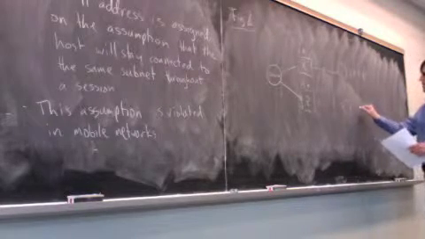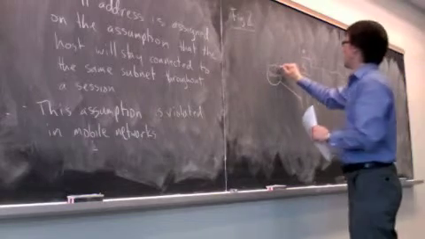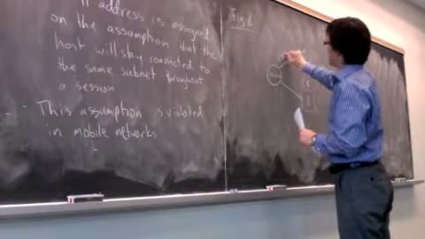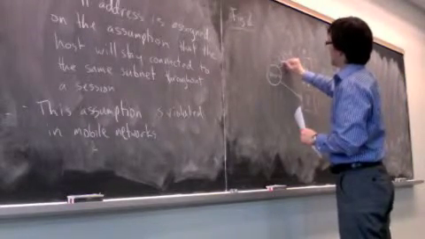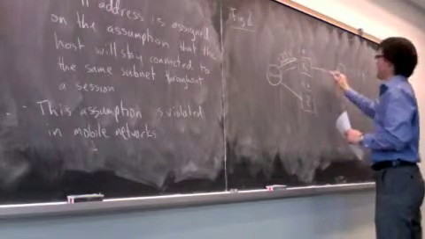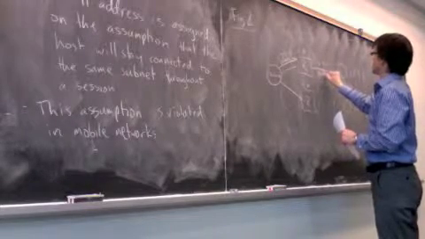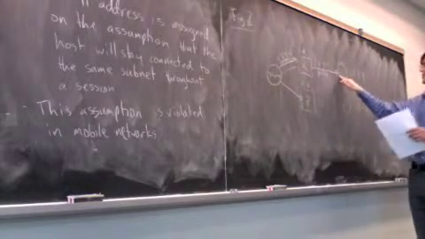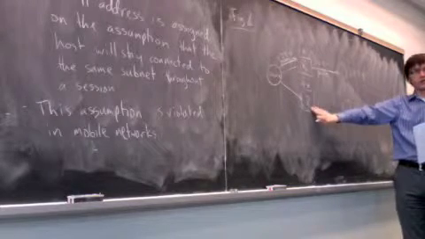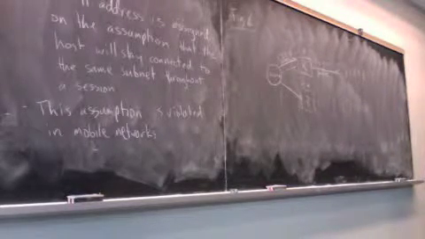But he still has the IP address 1.2.3.4. So his packets get sent down this road. But if he's actually attached down here, he will never see those packets. Those packets will be lost forever.